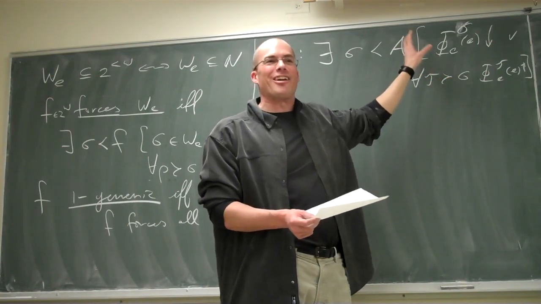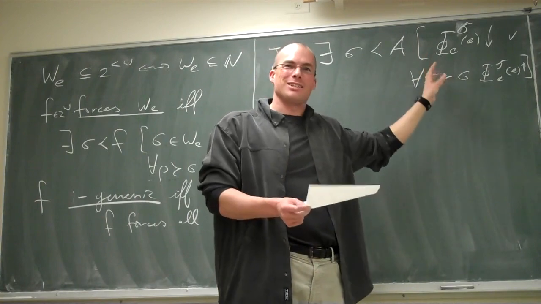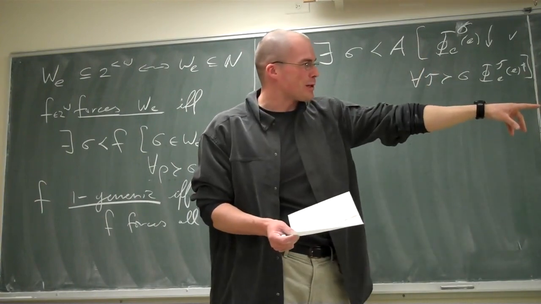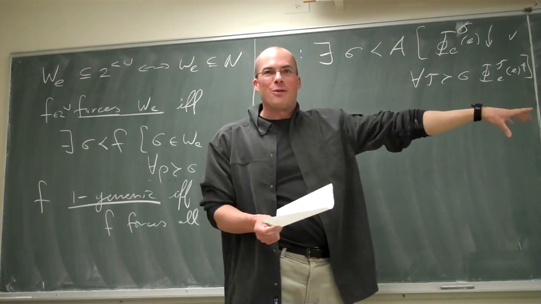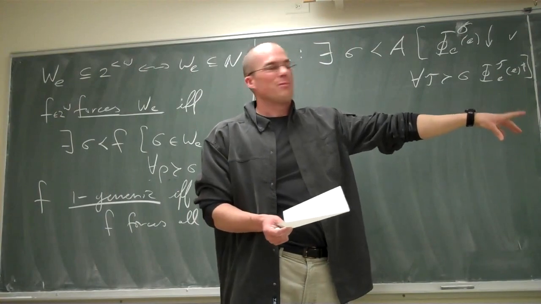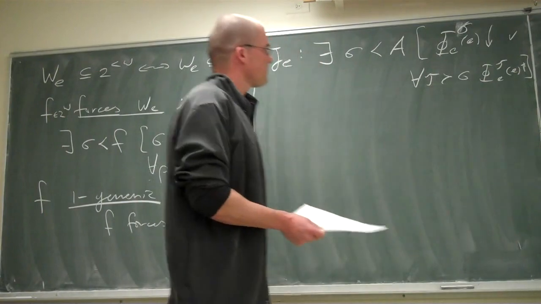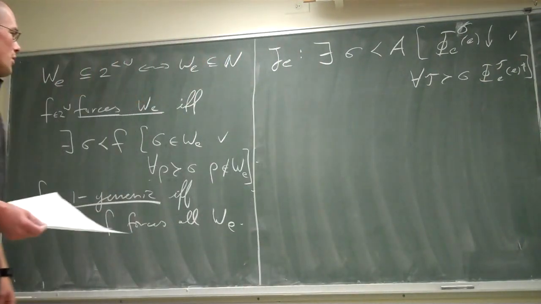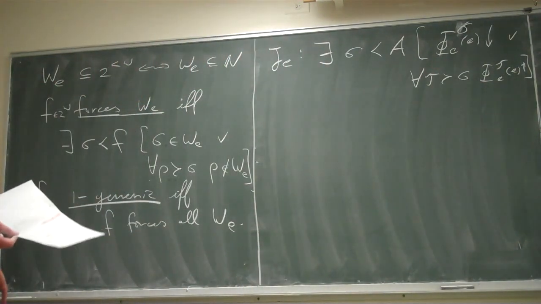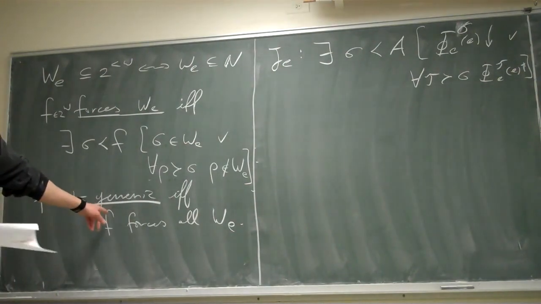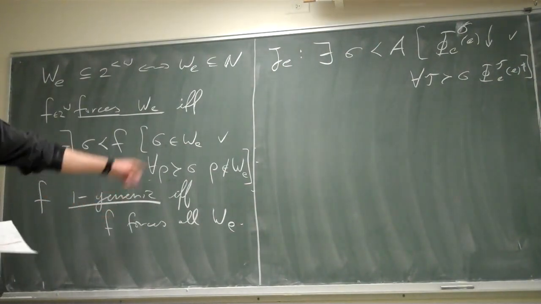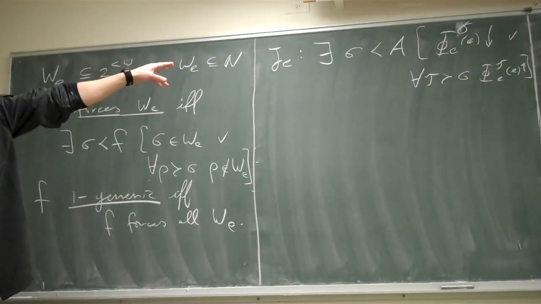Or not unrelated to what we did. We didn't really decide a jump yet, but we were looking for can we make it converge somewhere, then we do something, or is it always diverging? So on Monday, the first thing we'll do is see that being one generic is equivalent with satisfying all jump criteria.